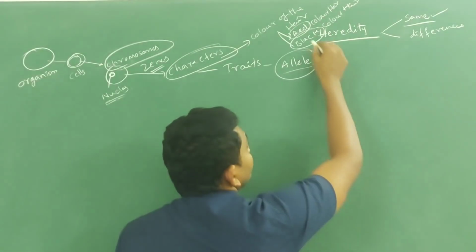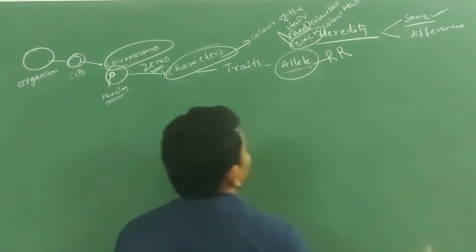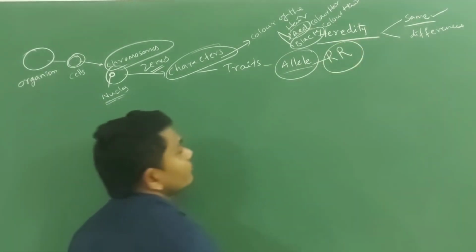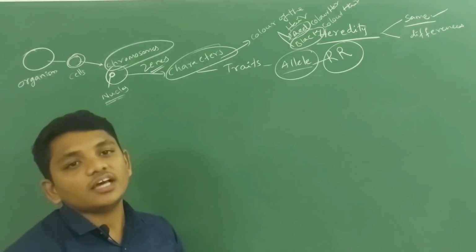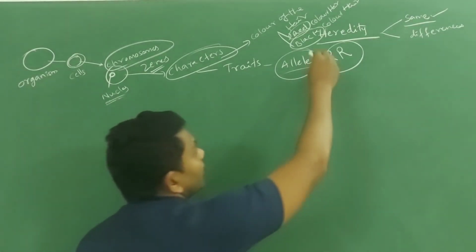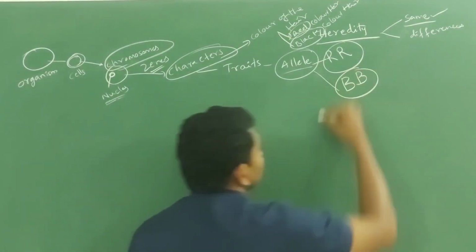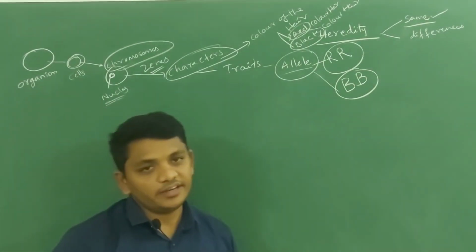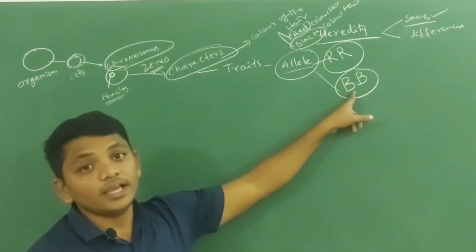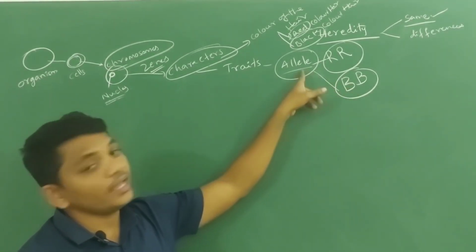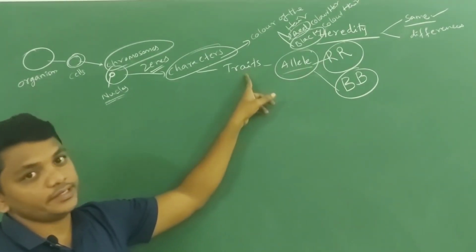Let us identify them. R for red, and these factors are usually identified with English alphabets. And black is B. This factor is called an allele. These alleles indicate the traits.